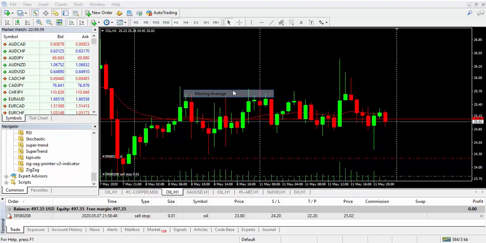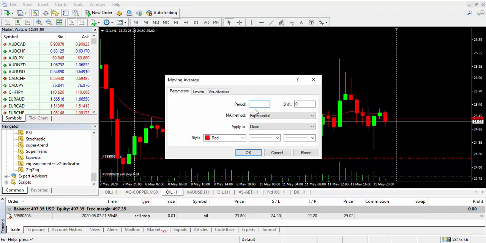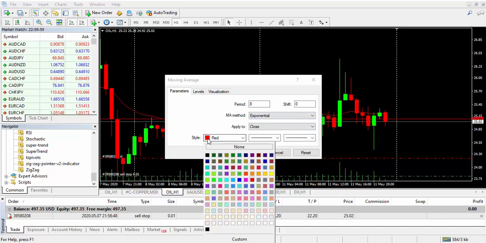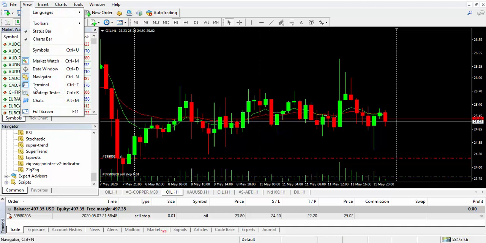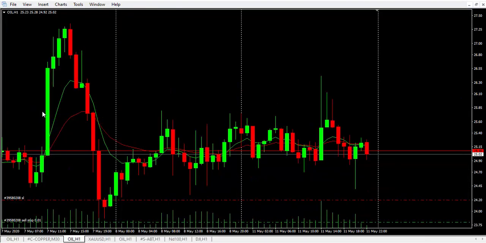I have already plotted a 20, now I am using 8 to make a crossover between them. Okay, so I will get a good crossover. And let me make this chart big.